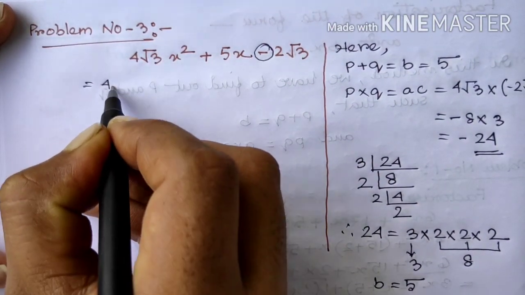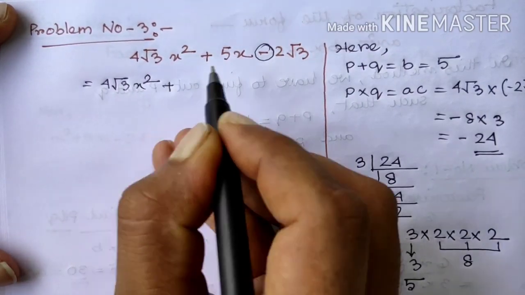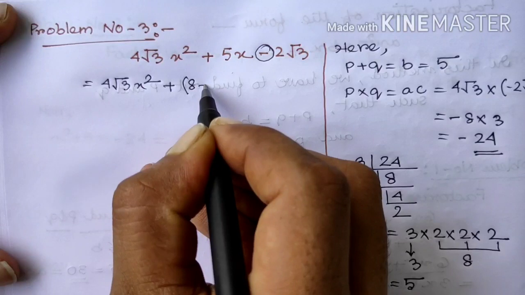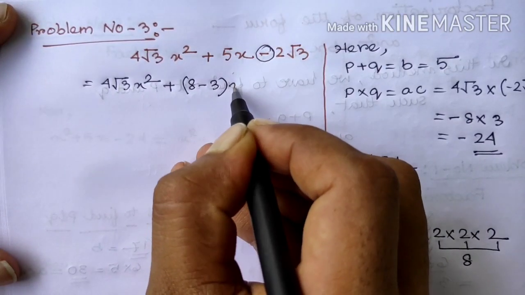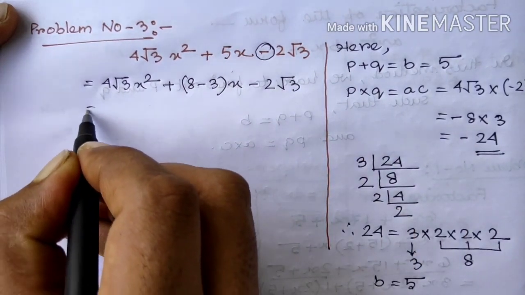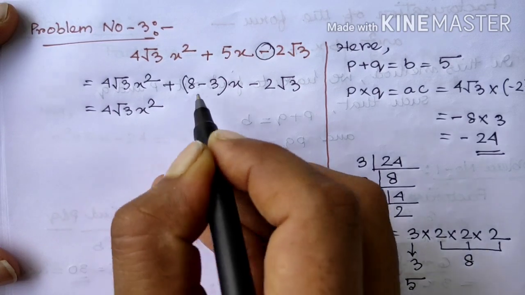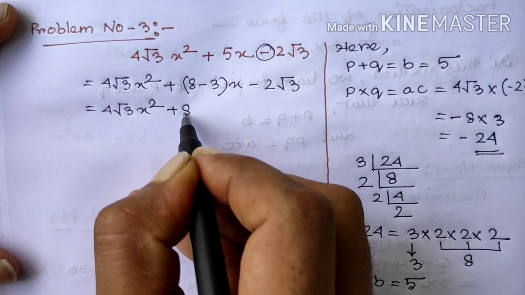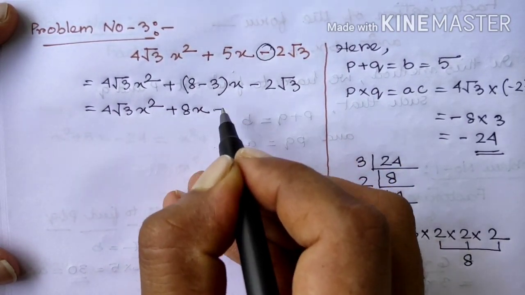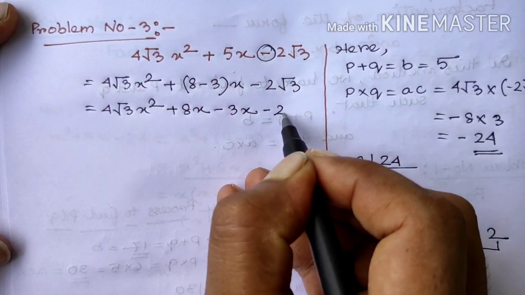Now we can write 4 root 3 x square and 5 as (8 minus 3) into x and minus 2 root 3 equal to 4 root 3 x square plus 8x minus 3x minus 2 root 3.